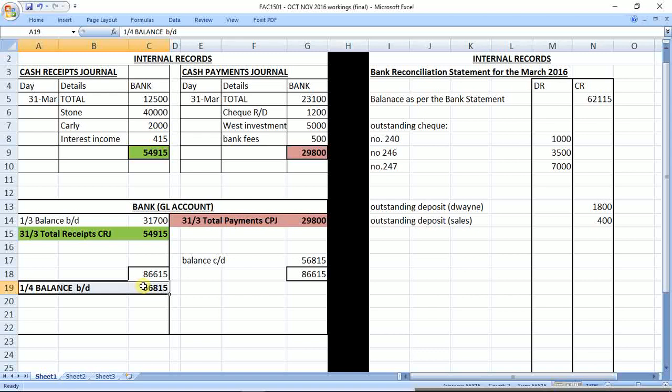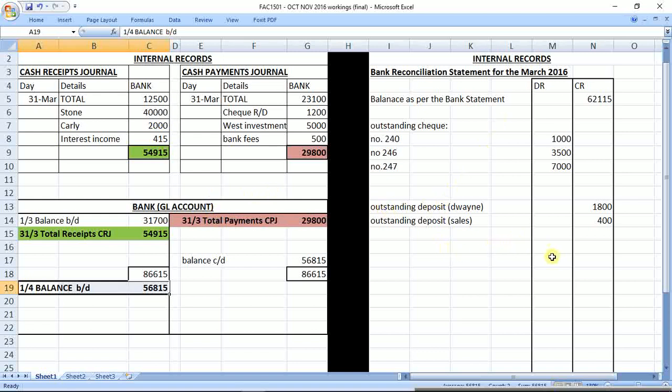Got it? Is that alright so far? Did you follow? So it's checking, and adjusting or reconciling.